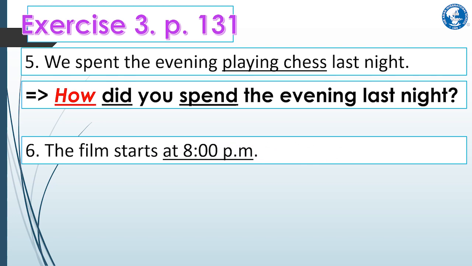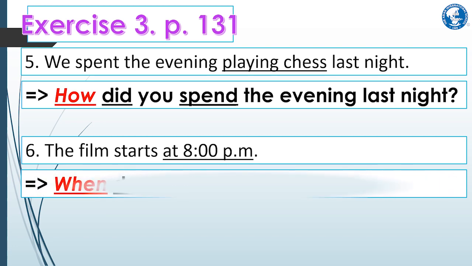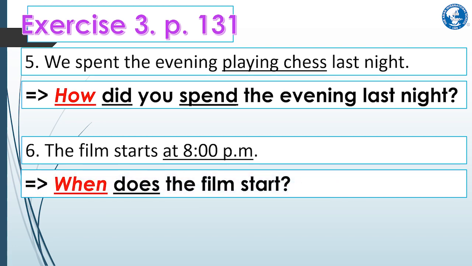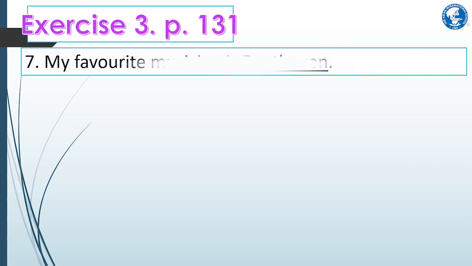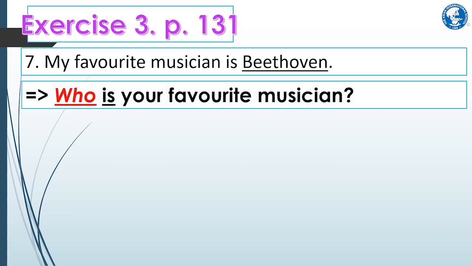The film starts at 8 p.m. At 8 p.m. refers to time. So the question must be, when does the film start? Number 7. My favorite musician is Beethoven. Beethoven is a person. So the question should be, who is your favorite musician?